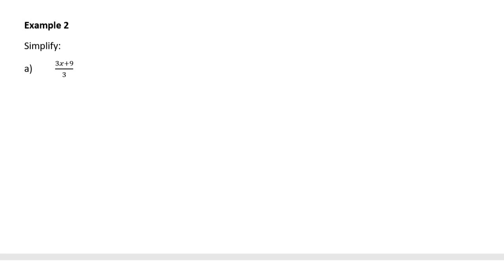So example 2 says simplify. Now what's really difficult about example 2 is the instruction says simplify, and yet very shortly I'm going to tell us to factorize. So just take note that sometimes, even though the instruction says simplify, we can use factorizing to help us simplify.